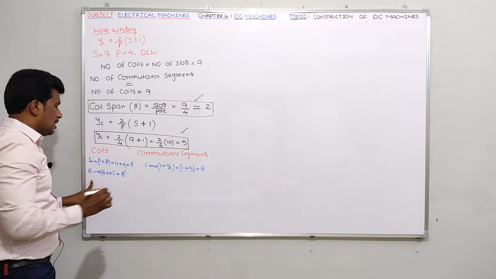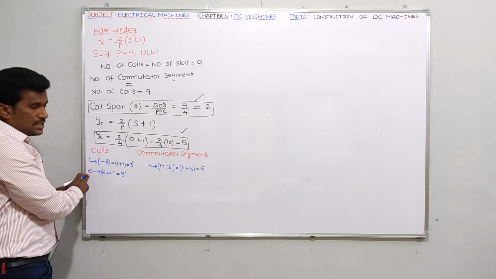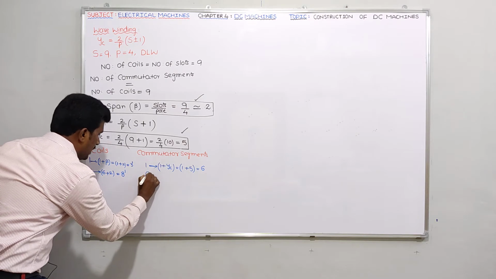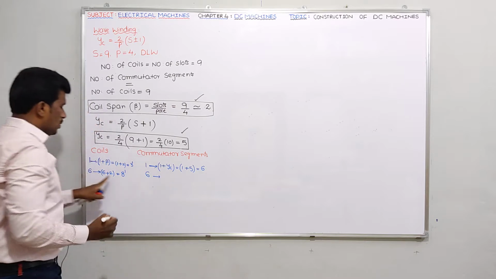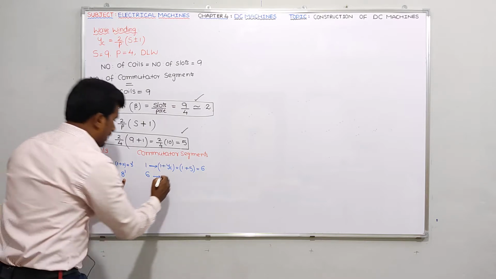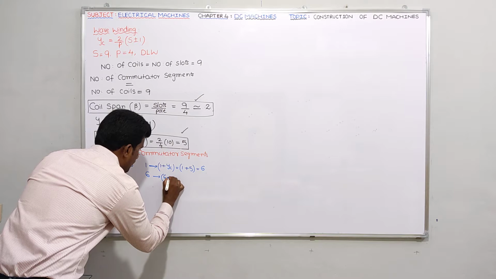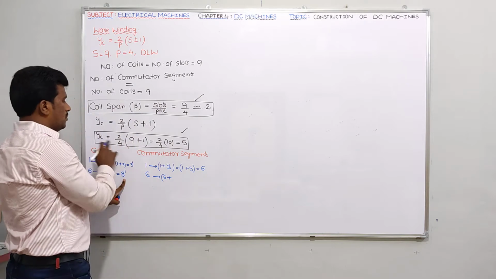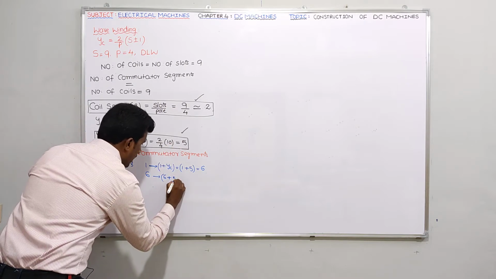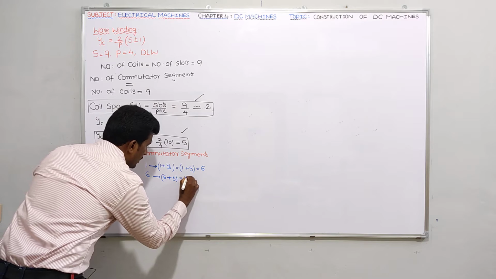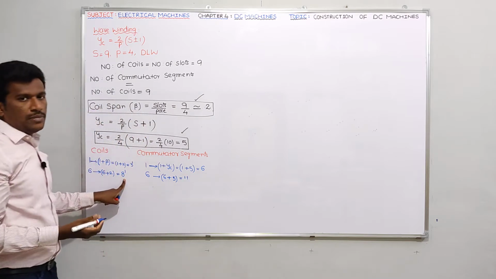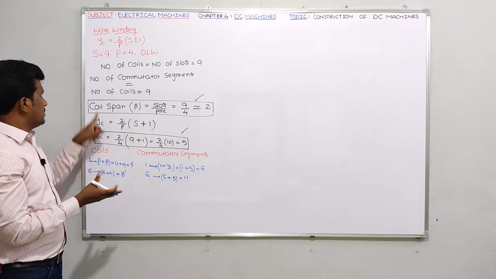Okay, 8 dash. Now see, the 6th conductor is connected to the 6th segment, and the 8 dash conductor will be connected to, very simple, 6 plus YC. What is the value of YC here, guys? YC value is 5. So 6 plus 5 is 11. But tell me guys, the total number of commutator segments equals how much here?